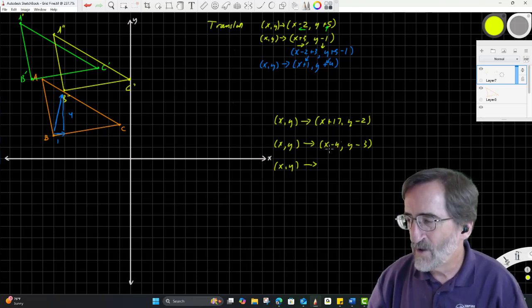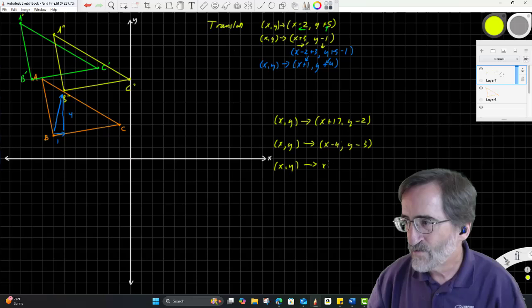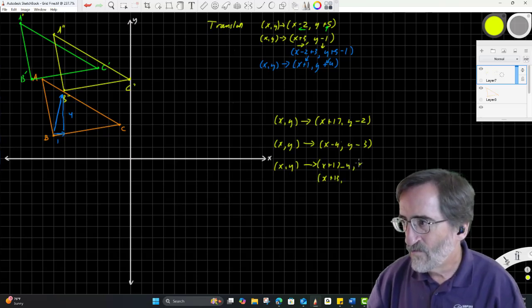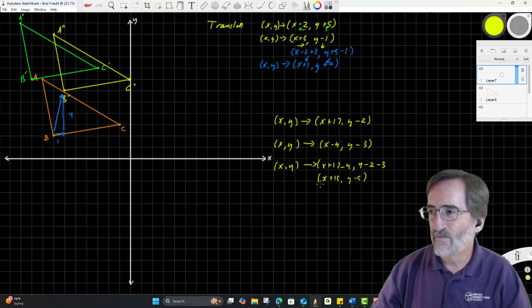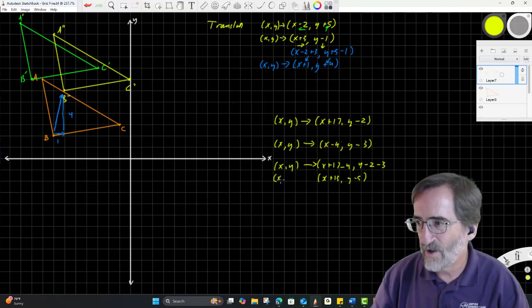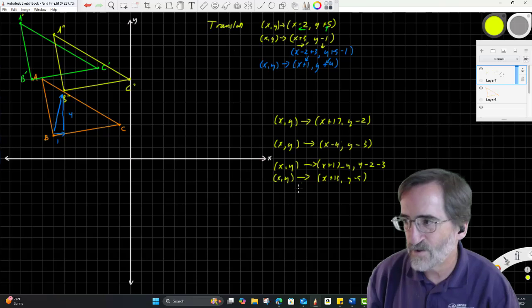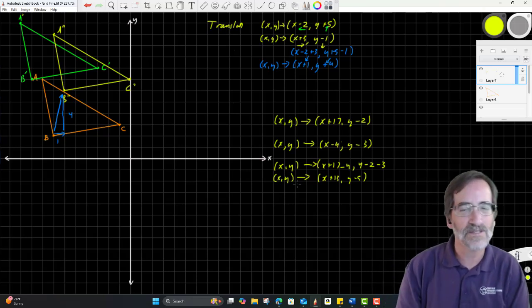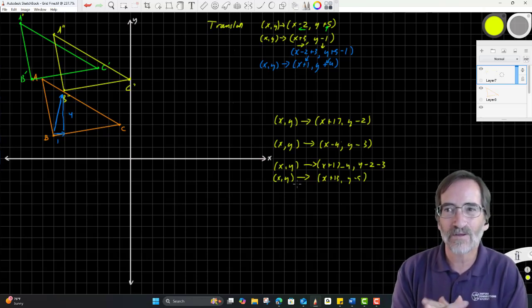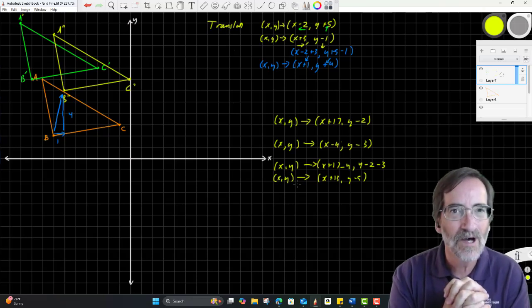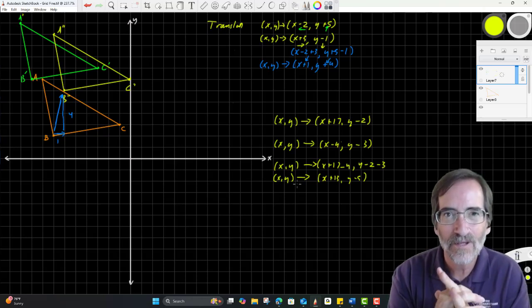Plus 17 minus 4, x plus 17 minus 4 is x plus 13. y minus 2 minus 3 is y minus 5. And so this amounts to a single transformation of (x, y) becomes (x plus 13, y minus 5). Hopefully that makes sense. You can combine translations by adding integers.